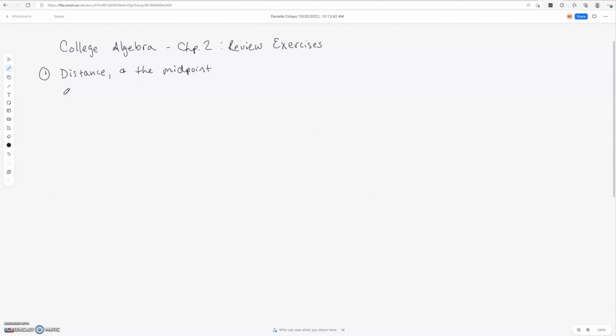Okay, so for number 1, the point P is (3, -1), and Q is (-4, 5).